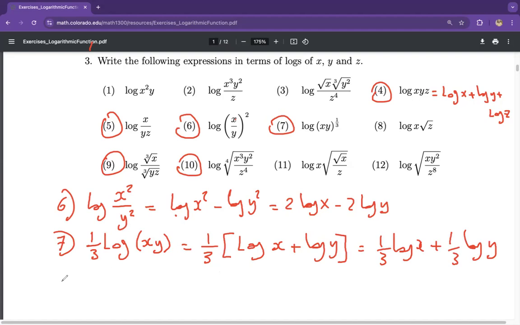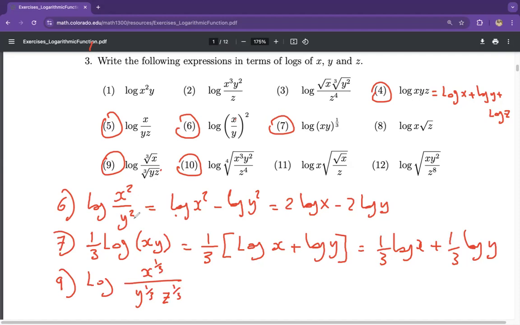Number 9, you change everything to exponential form. So that's x to the 1/3. Also, y is going to be to the 1/3. And z is going to be to the 1/3, because all of them have 1 on here, and the 3 is the radicand.